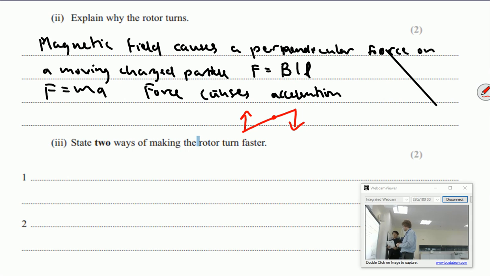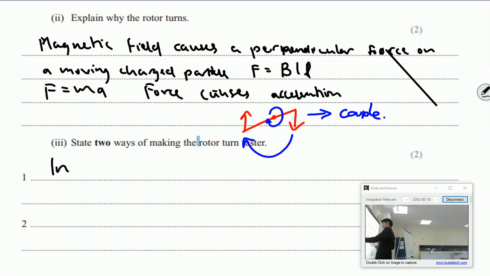We've got two forces acting in opposite directions on either side there. Those form a force coupling, and that causes a rotation. So what we end up with is it rotating around that way. So we've got opposite forces acting in opposite directions, so it creates a moment around that bit. And that makes it turn. Okay, last one is nice and simple.